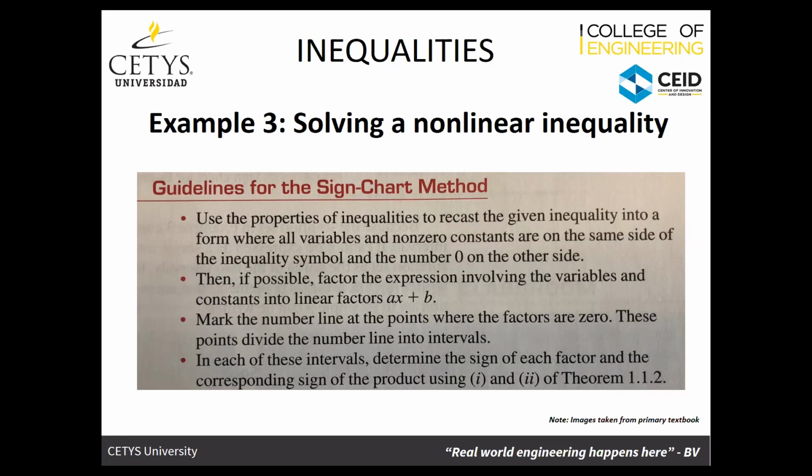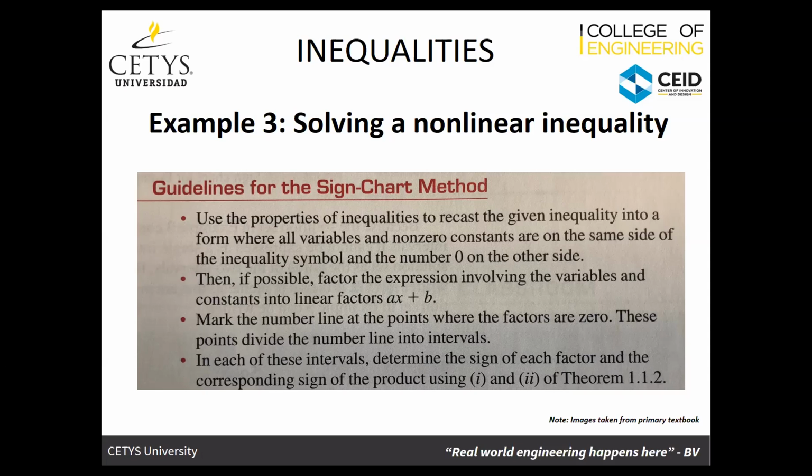Then we're going to factor the expression into nonlinear factors. Then we identify the zeros of each of the nonlinear factors and establish intervals based on these. Then we evaluate each of the intervals and look at the relationships we have with each of the factors, relating these to the sign properties that we just mentioned.